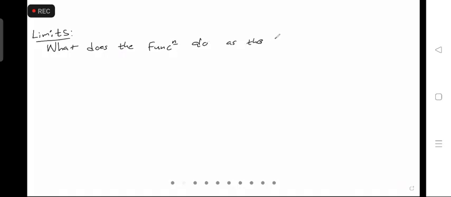Let's write: what does the function do as the variable approaches a given value?